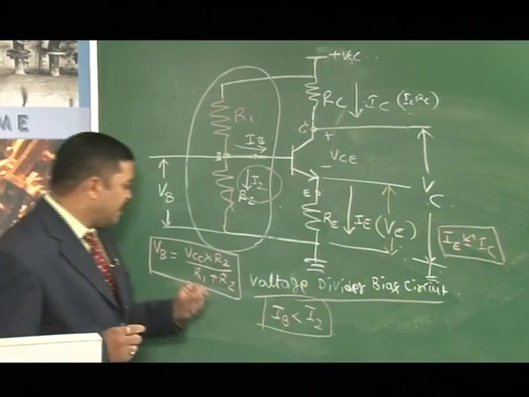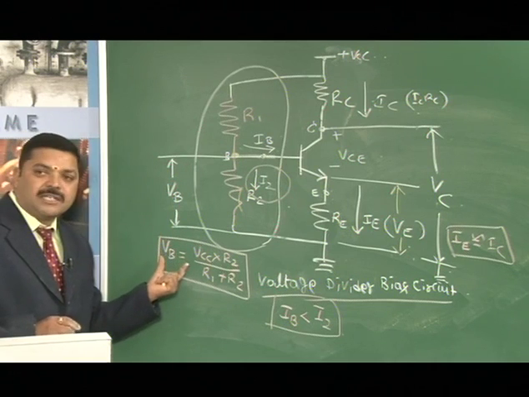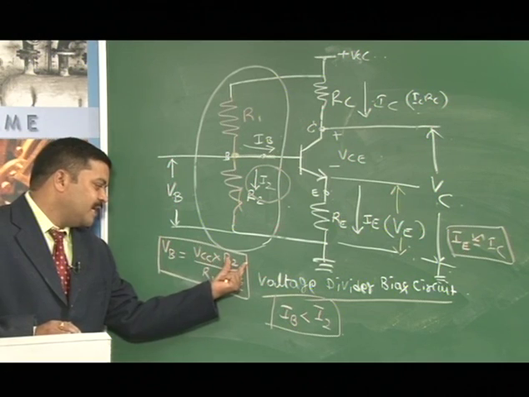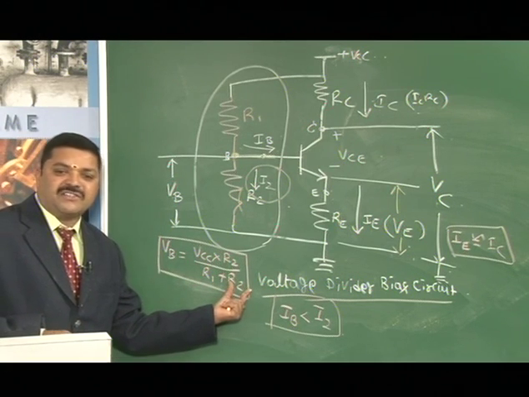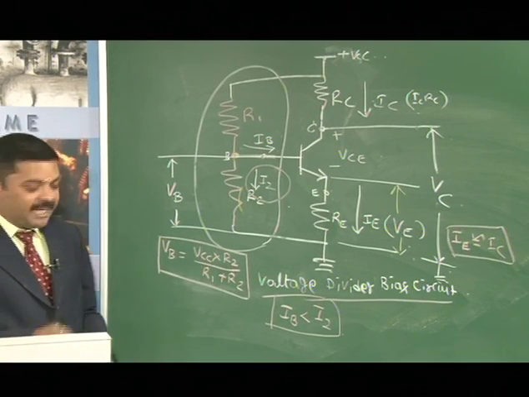The next point is VB, the voltage at the base terminal with respect to ground, given by VCC R2 divided by R1 plus R2, is assumed to be constant, and we therefore find out the further values.